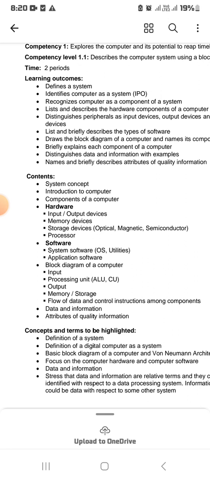The next one is components of a computer. I said that components of a computer can be divided into two: hardware and software. Can you define what software and hardware are? What is the difference between hardware and software?